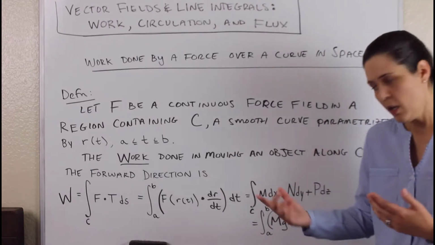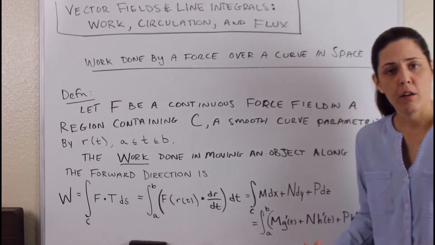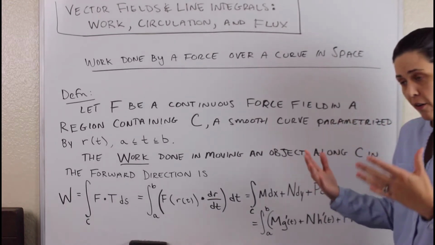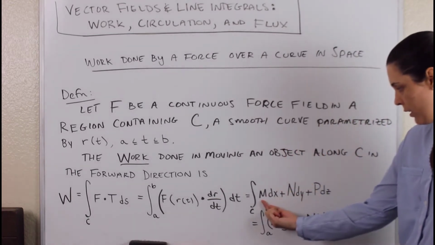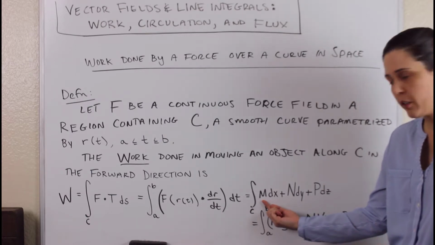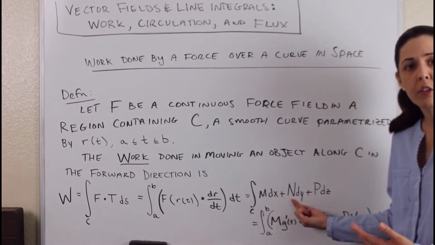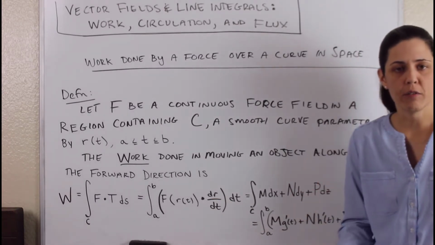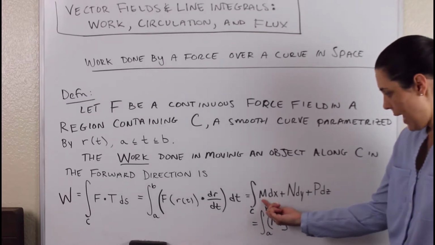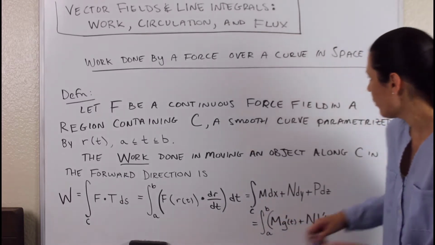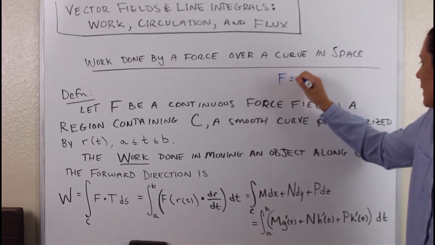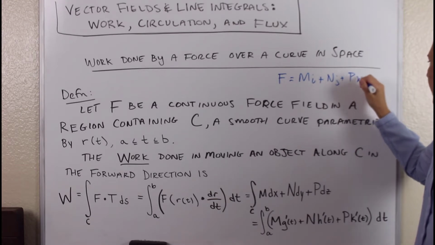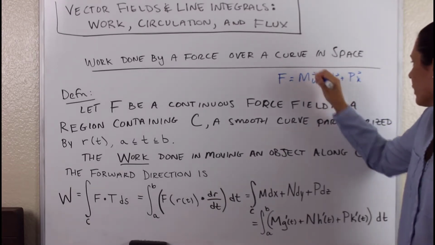So previously, where these letters come from, we defined our vector field, or in this case we're calling it a force field, as our field F equals m i for the i direction of our vector plus n j for the j direction plus p k for the k direction. So that's where m, n, and p came from. I'll just write that really quick here so you don't have to just hear me say it. It was m i plus n j plus p k. And that's our force field or vector field.